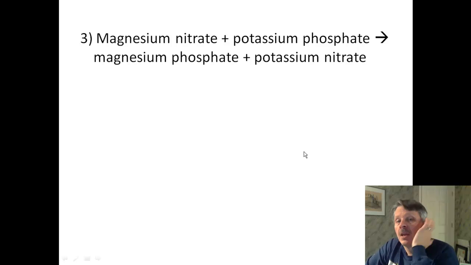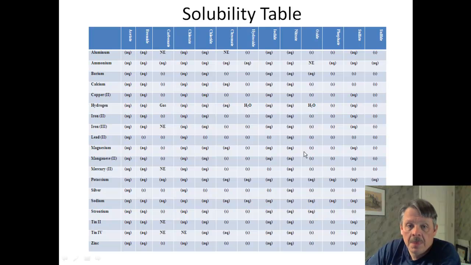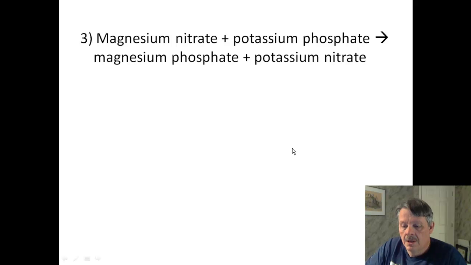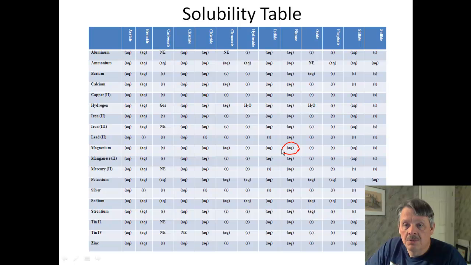Alright, I've got magnesium nitrate and potassium phosphate. Magnesium nitrate, I don't need to worry about that because I know that's going to be aqueous. And what was my other one? Potassium phosphate. If you remember, everything with potassium is always aqueous.